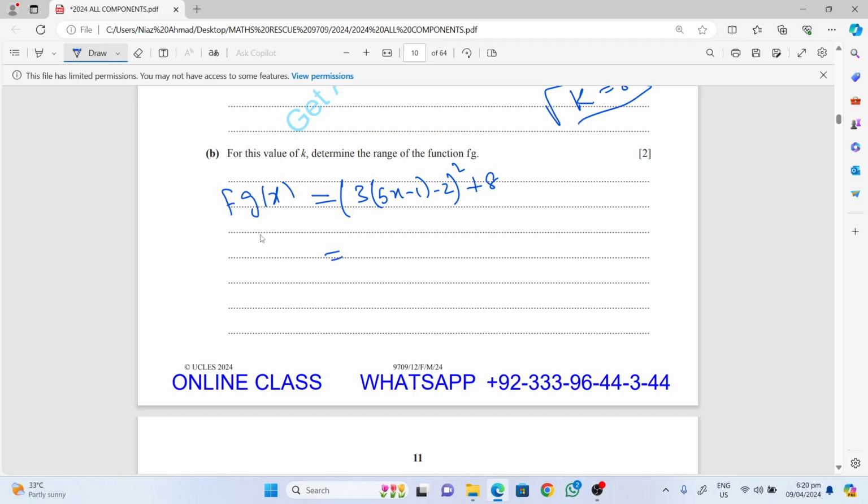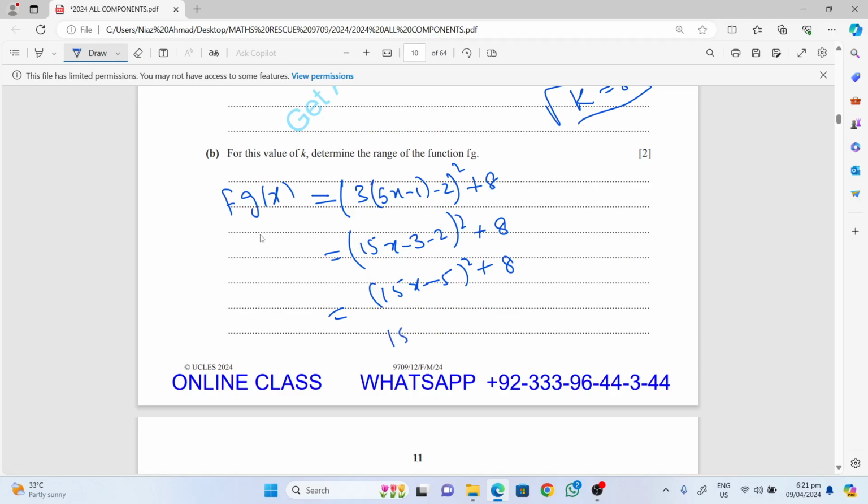So you can multiply the bracket, so it would be 15x minus 3 minus 2, whole square plus 8. So it is (15x minus 5) whole square plus 8.